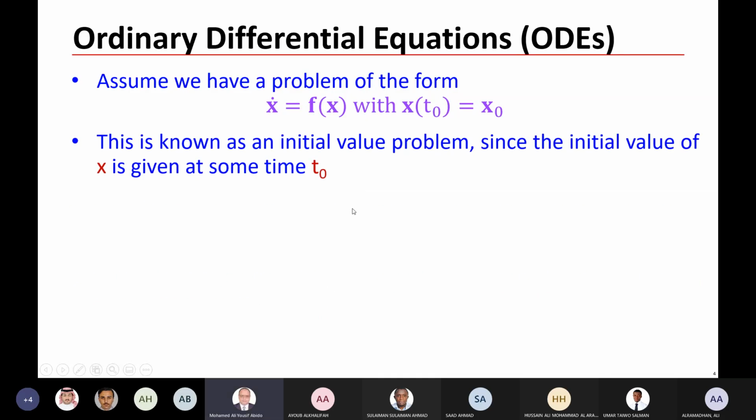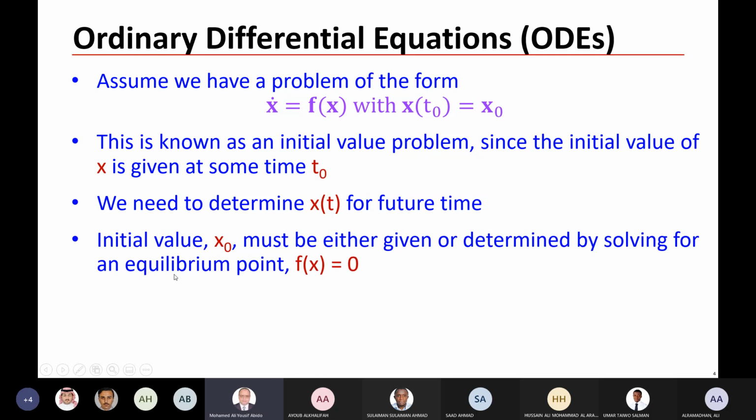This is known as an initial value problem, since the initial value of x is given at some time t0. We need to determine x of t. So your initial value x0 must be either given or determined by solving for an equilibrium point.